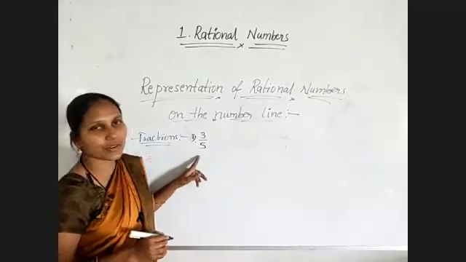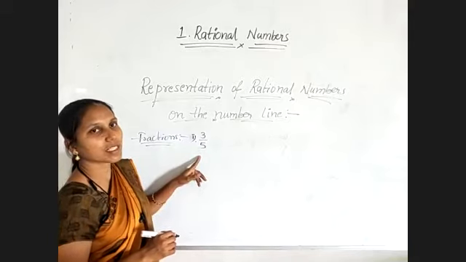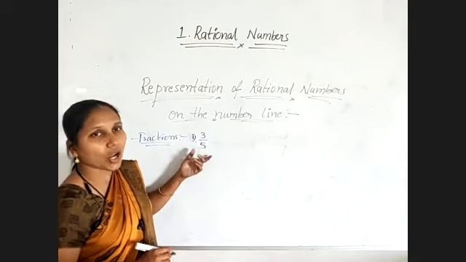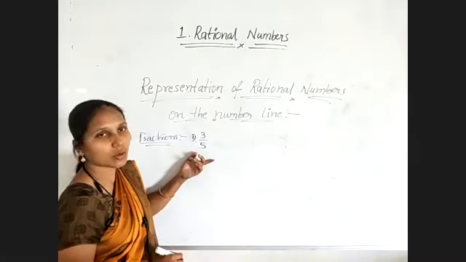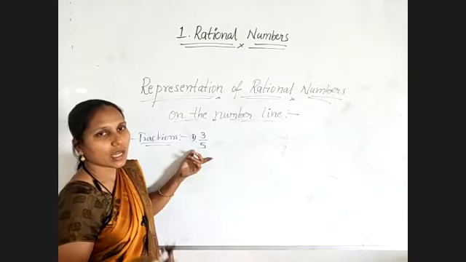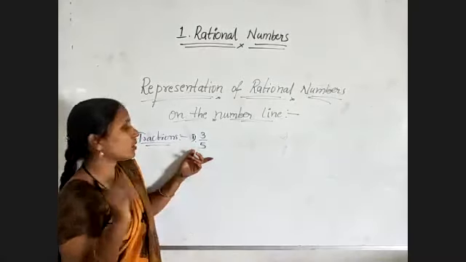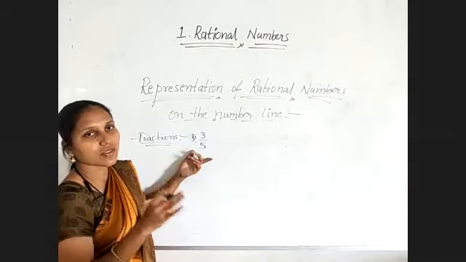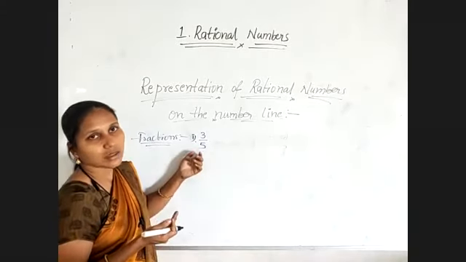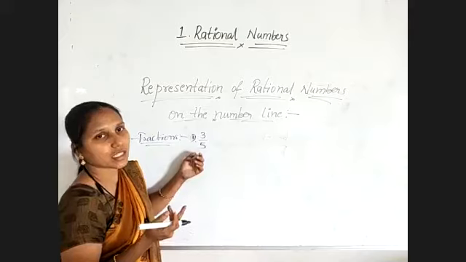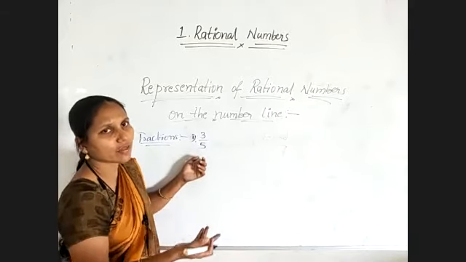For proper fractions, how do we represent them on the number line? All the proper fractions lie between 0 and 1, I told you this. So proper fractions always lie between 0 and 1 only, below 1. And improper fractions lie above 1.